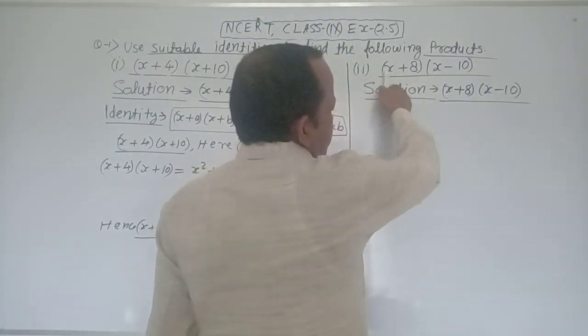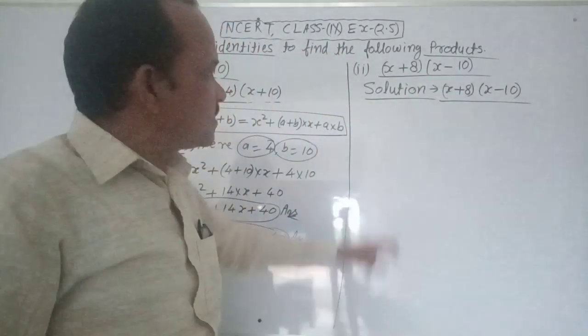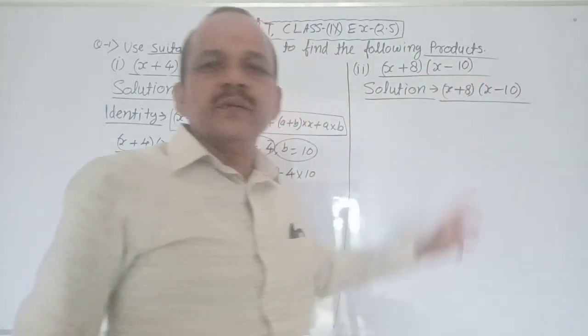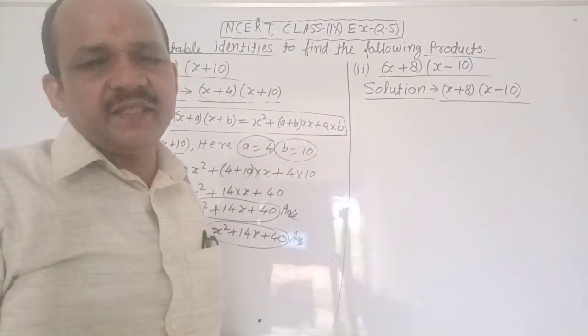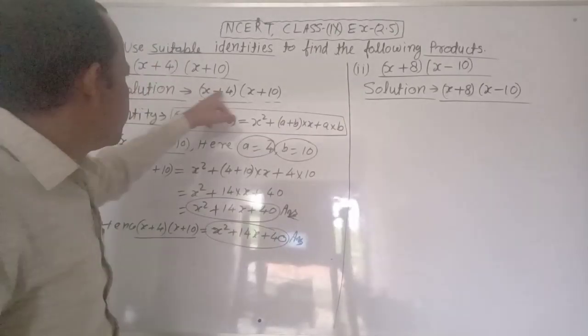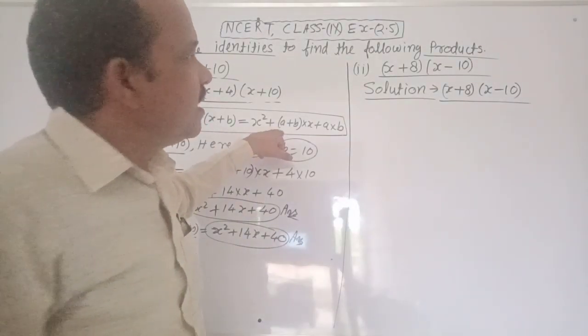here the question is (x + 8) in the first brackets, (x − 10) in the second brackets. You can use this identity. Clear?